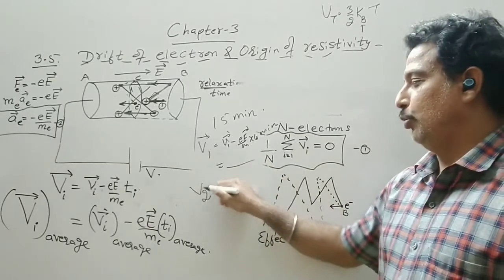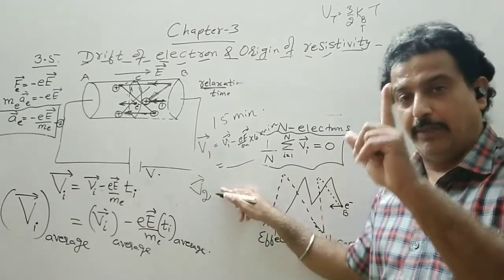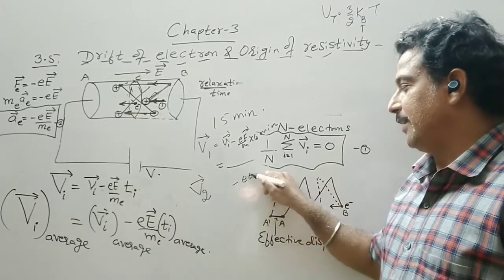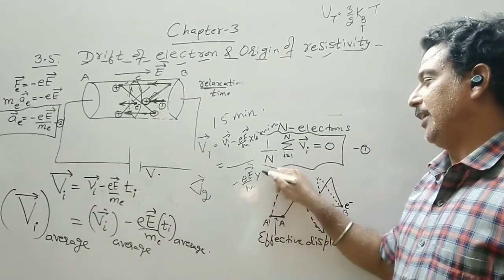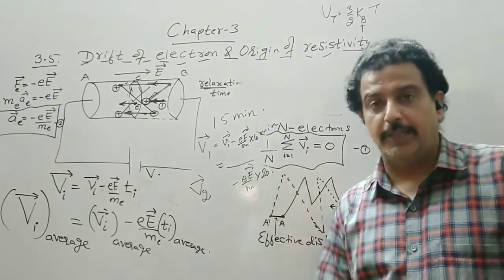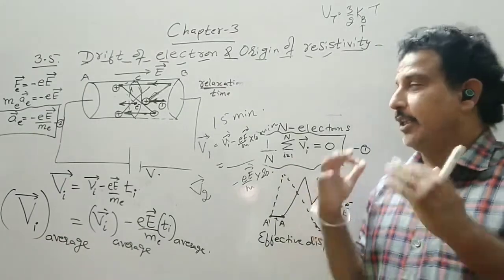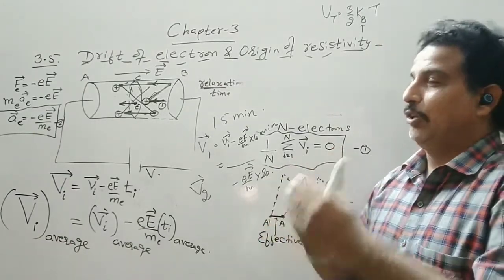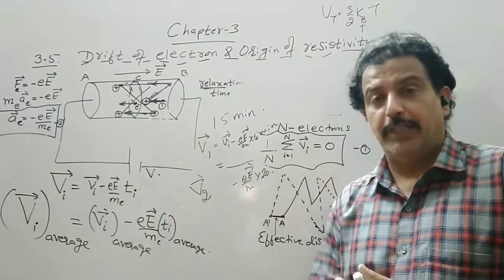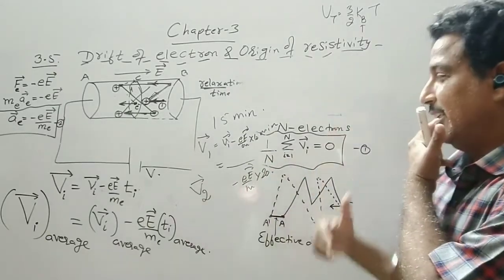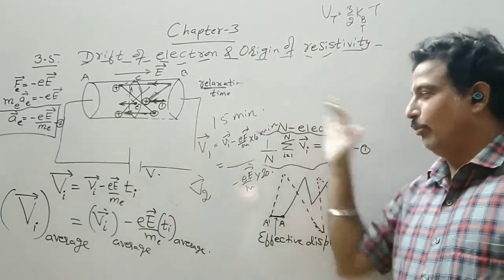Then I take V2. V2 means the particle number 1 only, but now its second relaxation time is 20 minutes or 10 minutes, because it is not necessary that it will collide after every 10 minutes. Sometimes it will collide in less than 10 minutes or more than 10 minutes.